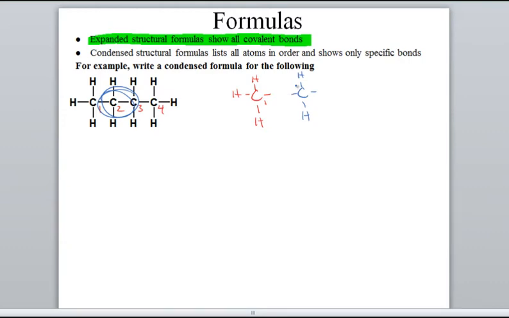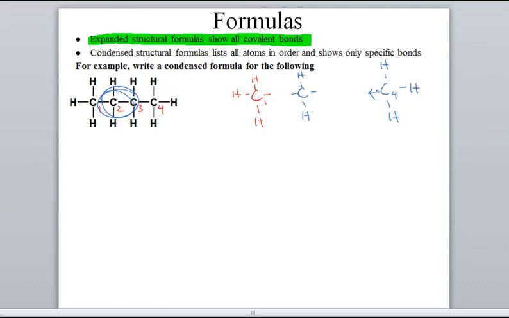Carbon 2 and carbon 3 have a similar pattern, bonded to 2 hydrogens and 2 carbons. Carbon number 4 is a mirror image of carbon number 1. It's bonded to 3 hydrogens and to another carbon.